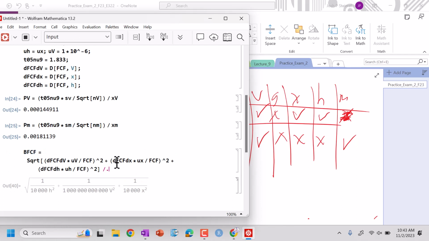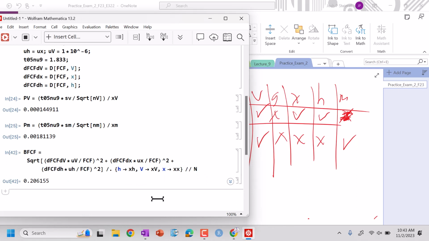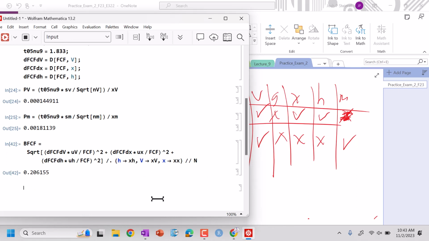Let's do slash dot: H goes to XH, V goes to XV, and X goes to XX. And there we go. Let's look at this numerically. So my total uncertainty is going to be the square root of my PV squared plus PM squared plus BFCF squared.